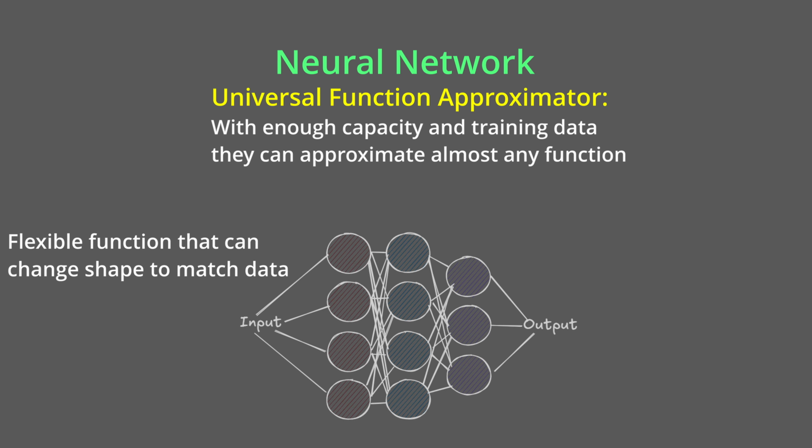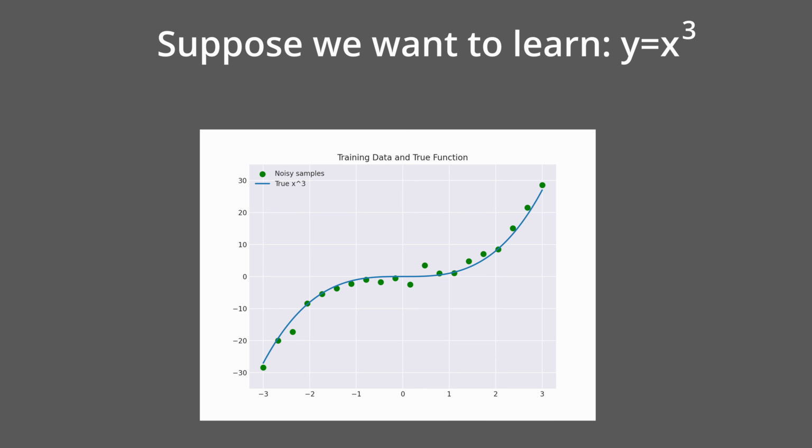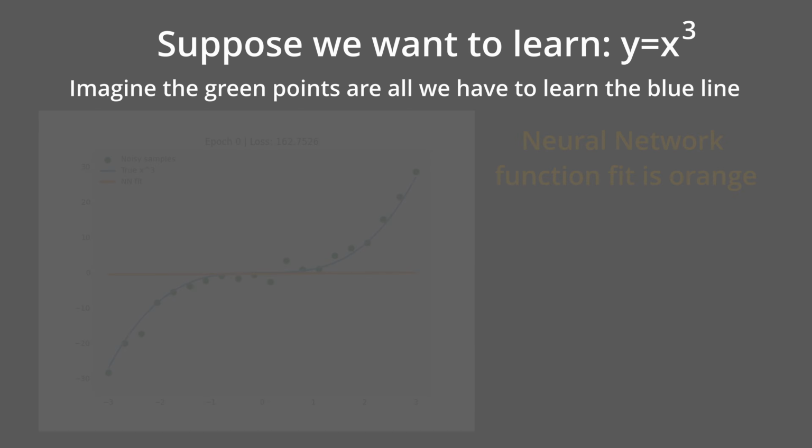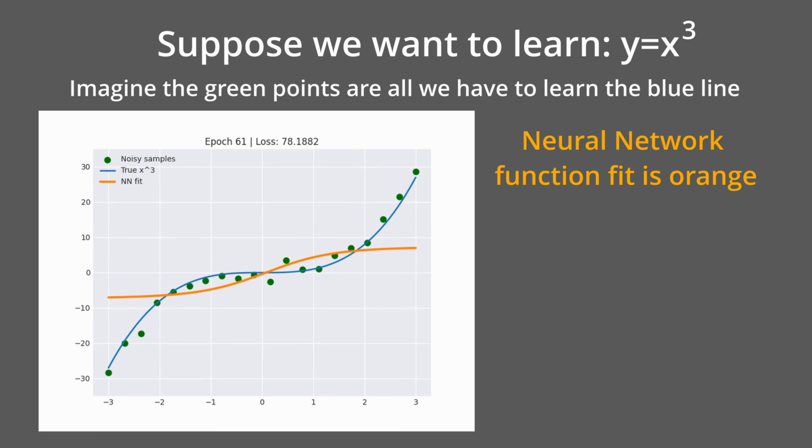Let's take a look at a simple example. Suppose we want to learn this function, y equals x cubed. But imagine we don't know the formula and we can't see the true function line like we can here. All we have are some noisy data points that kind of roughly correspond to the way this function looks. Now we start with a random neural network, basically just a random curve.